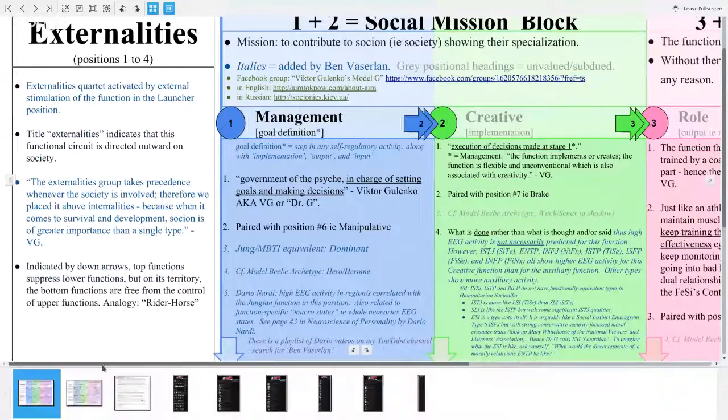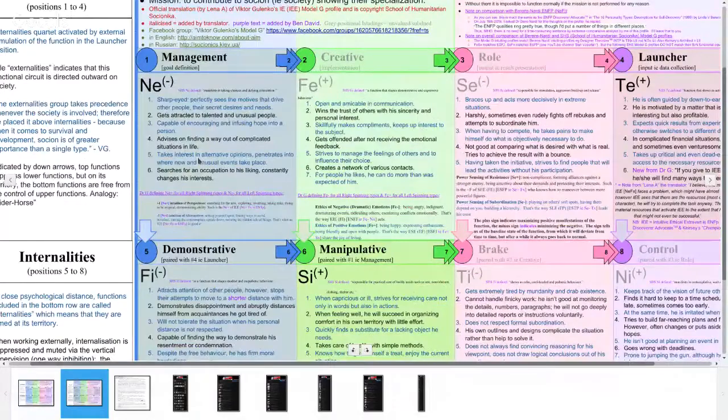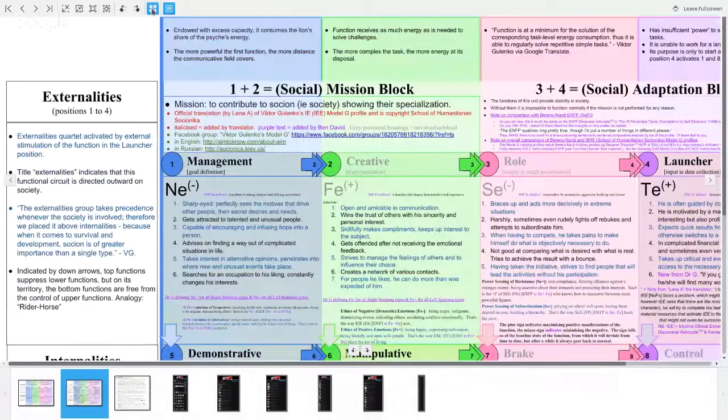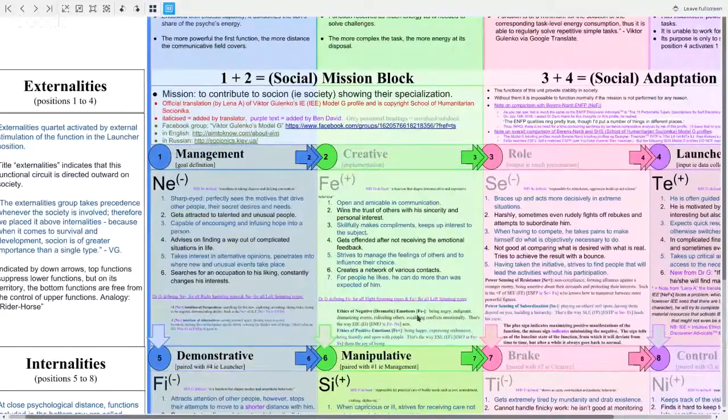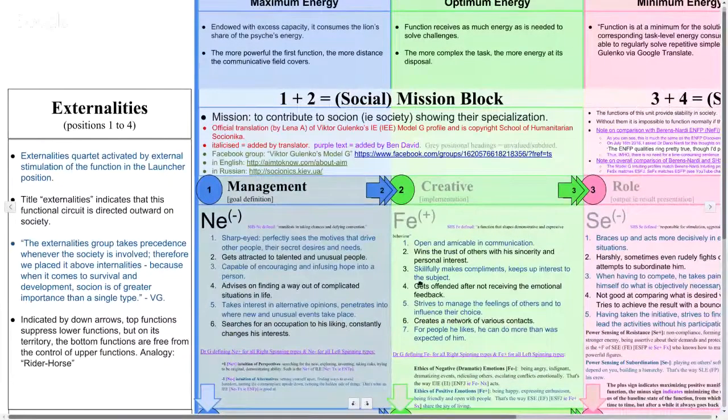And now we're going to go to the profile, and then I'll explain the context of the position. The context of the position is that it's an externalities row.